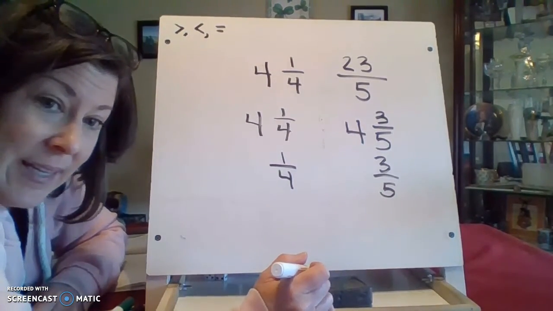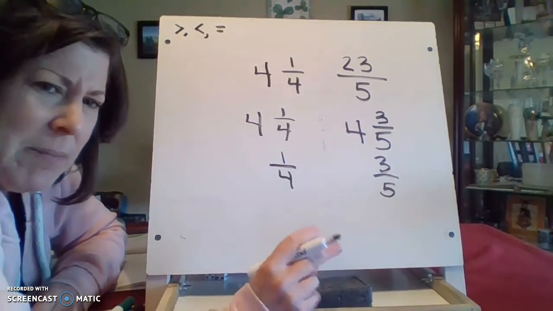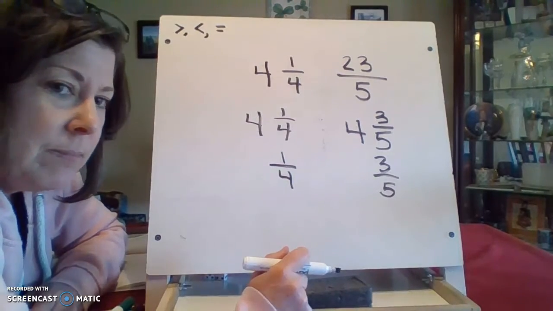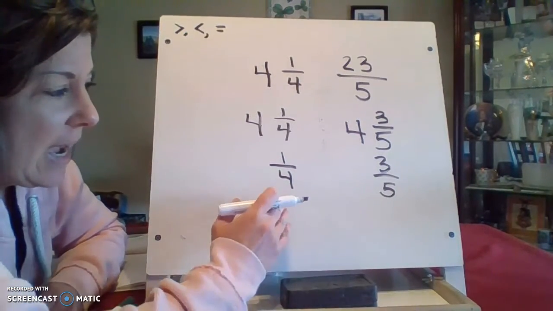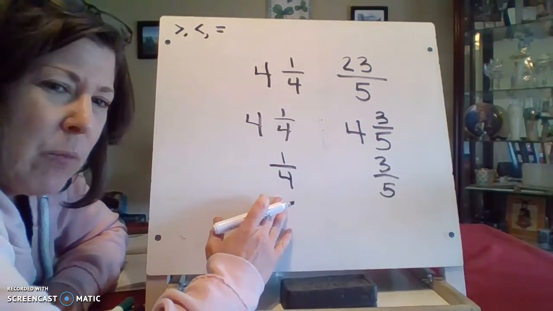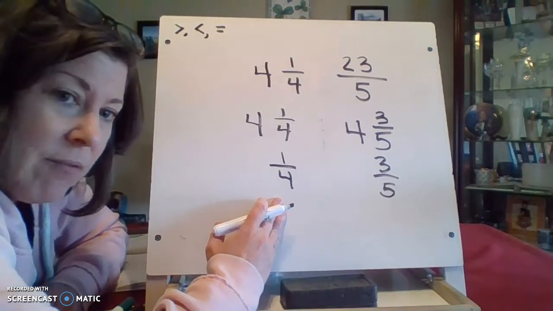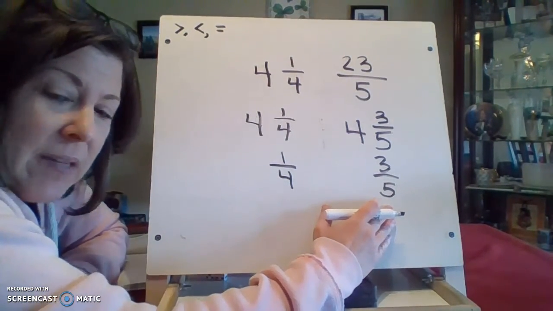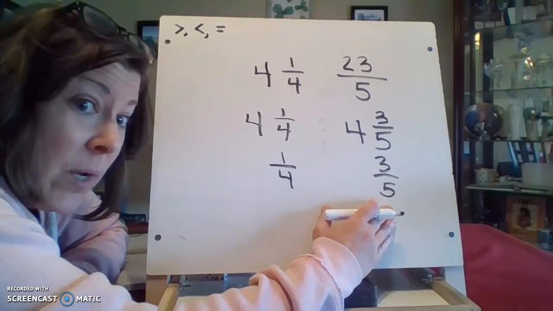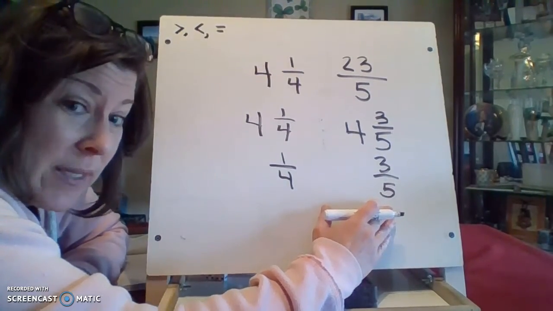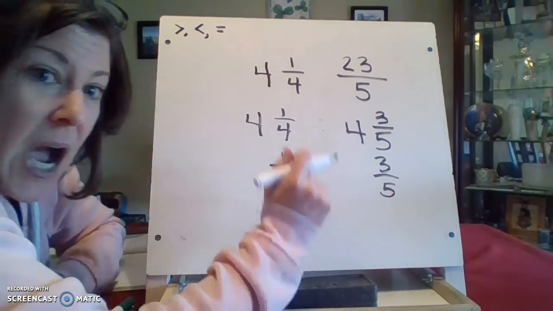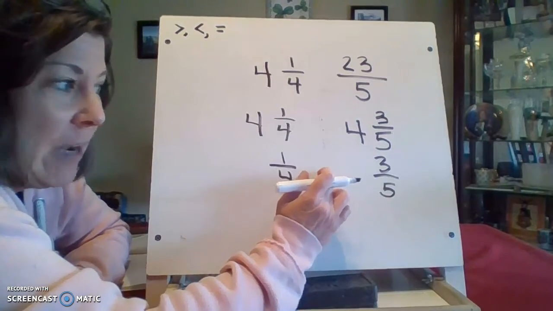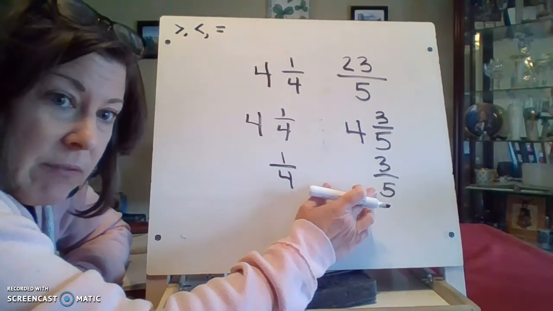So I'm actually thinking 2 things here. I'm thinking that I know that 1/4 is less than 1/2. And I'm also thinking I know that 3/5 is more than 1/2, is having more than half of it. So in my mind, I already know that 1/4 is smaller than 3/5.